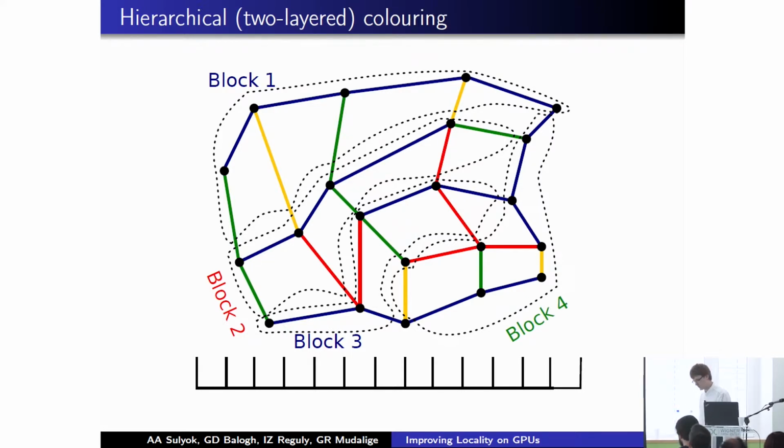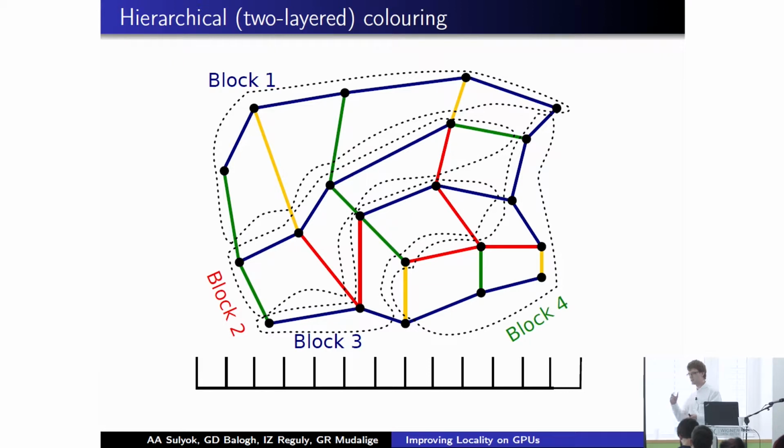There are 2 points where data races can occur. First, when the blocks write back into global memory, so you have to color the blocks. And secondly, when the intermediate results get written back into shared memory, so you have to color the threads within the block as well.